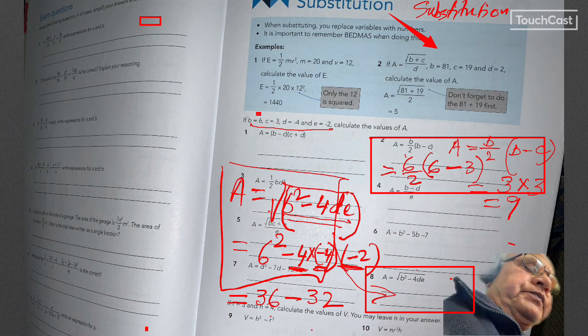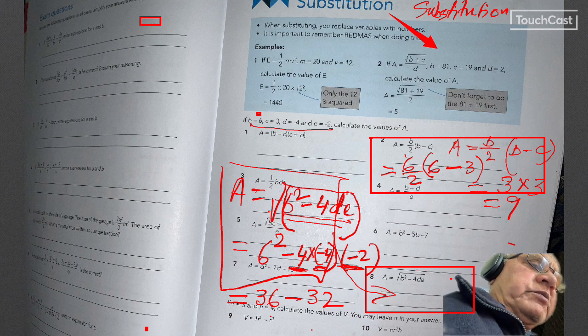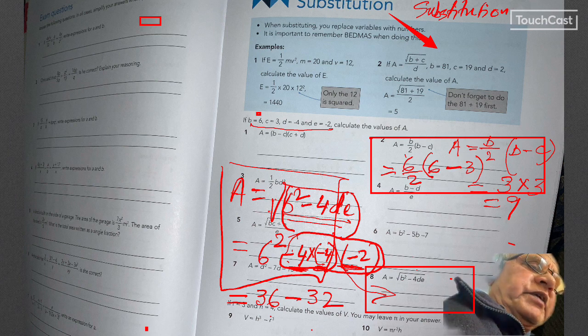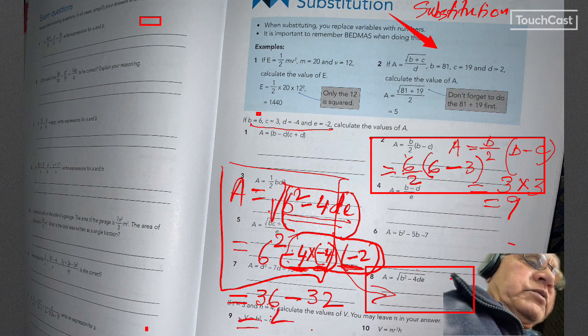Right? So you've got to be very, very careful with all the negative values over there. What you can do, you can simply work that out separately, which will give you negative 32. And then from 36, if you subtract 32, that will give you an answer of 4.